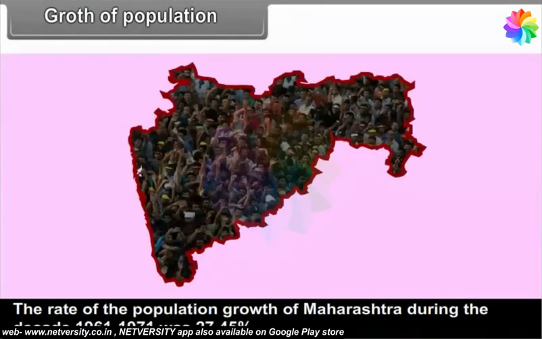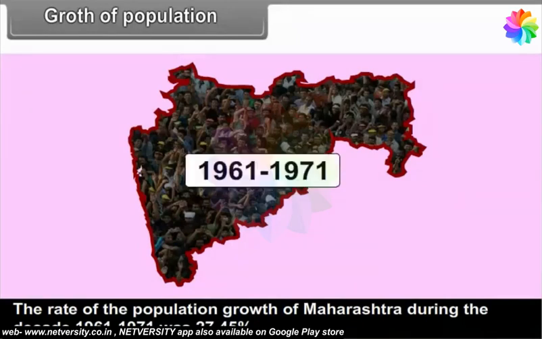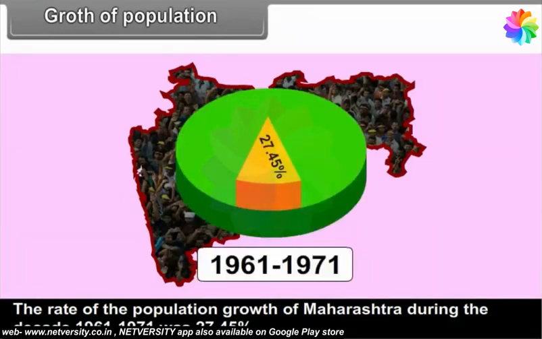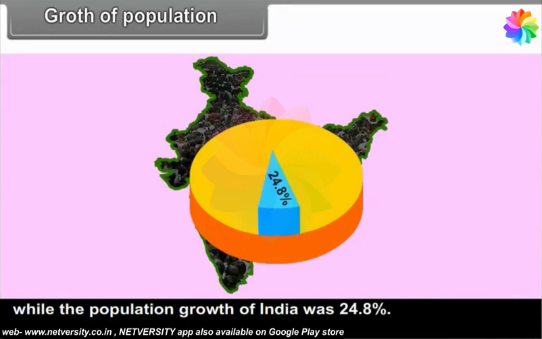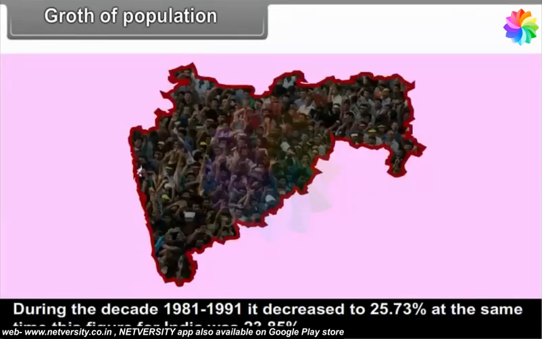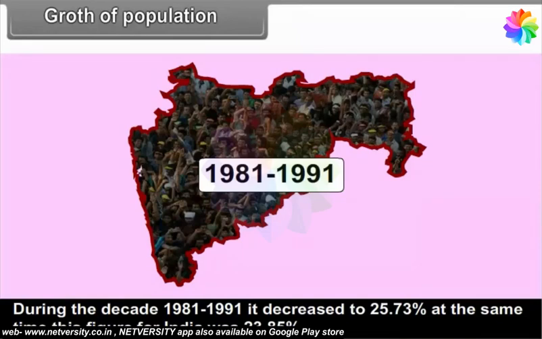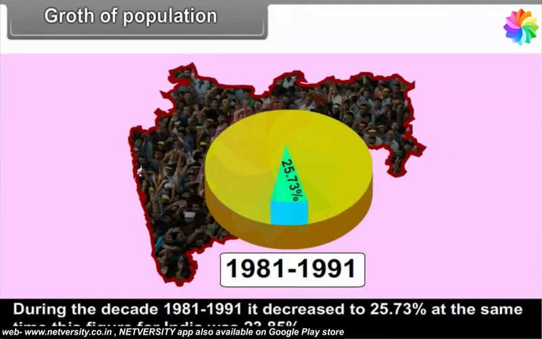The rate of the population growth of Maharashtra during the decade 1961 to 1971 was 27.45%, while the population growth of India was 24.8%. During the decade 1981 to 1991, it decreased to 25.73%.